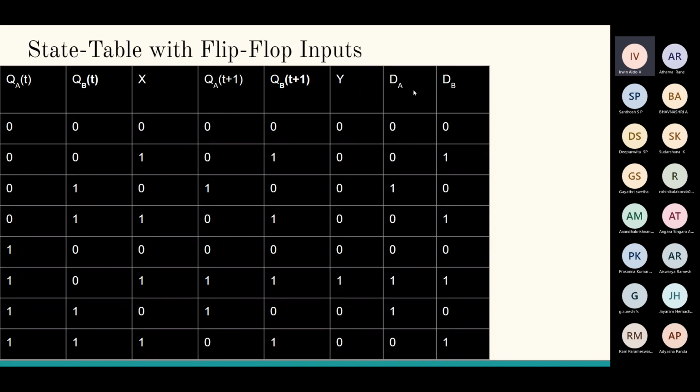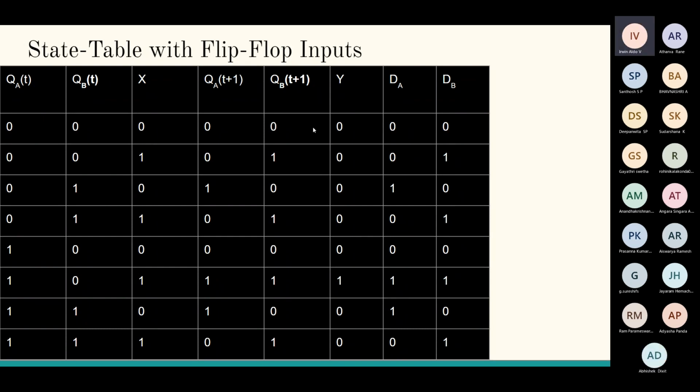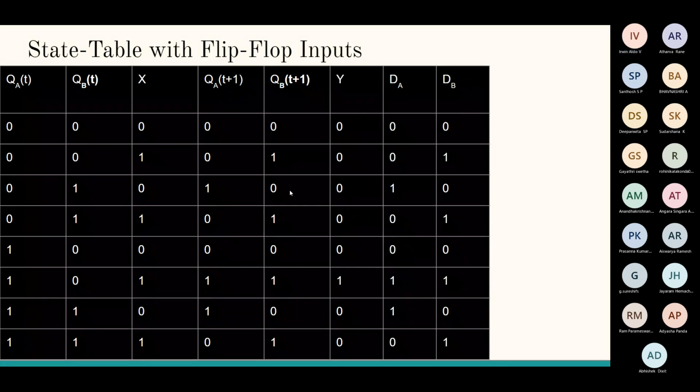One simple trick: for DA, we just need to copy the QA of t plus 1 column exactly, and the same goes for DB, where you write the entries as we entered for QB of t plus 1. Okay, this is the completed version of our state table.